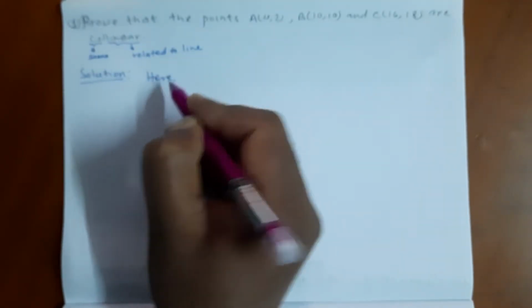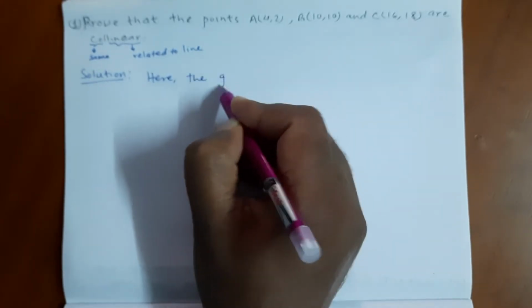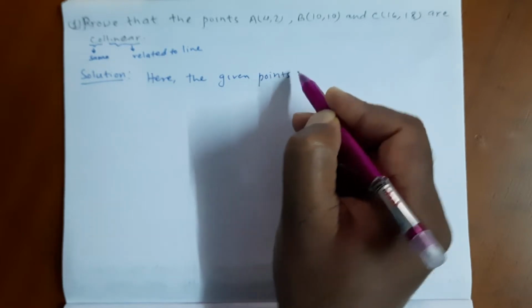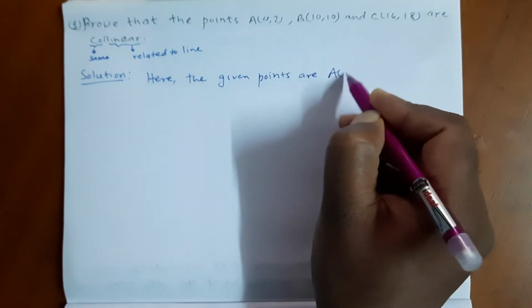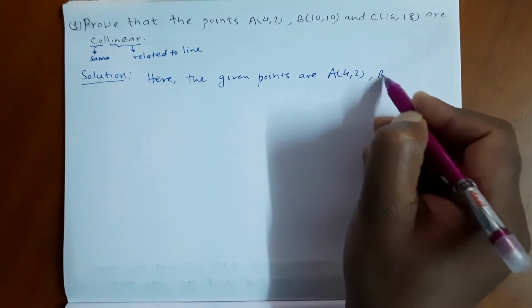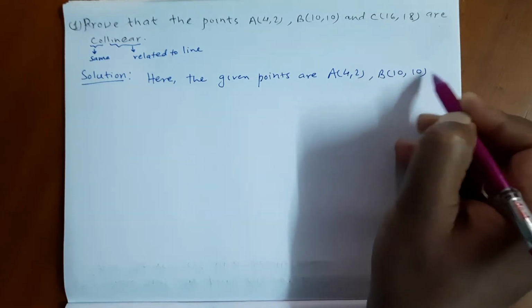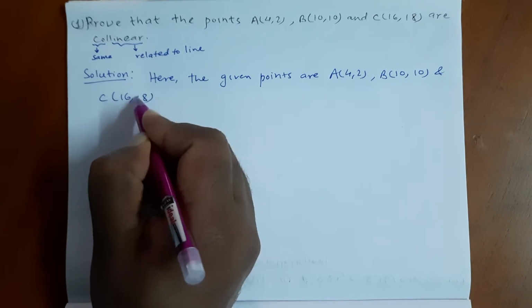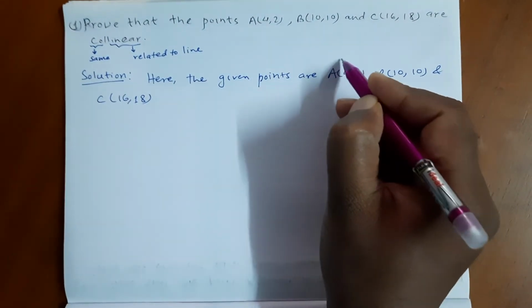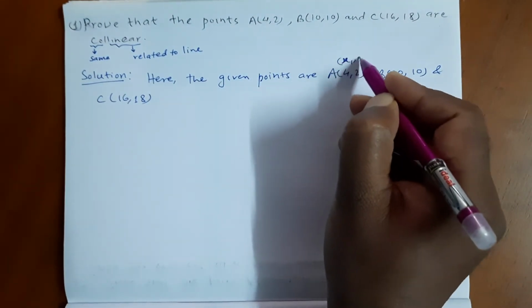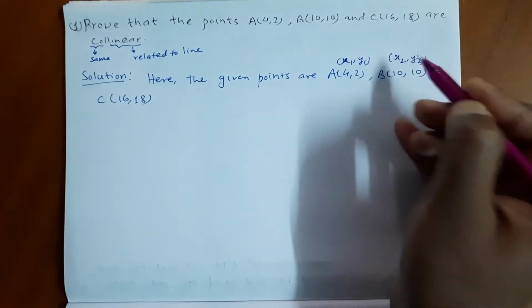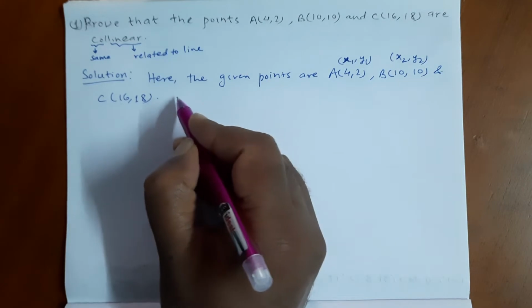The given points are A(4, 2), B(10, 10) and C(16, 18). You can suppose this to be x1, y1 and this to be x2, y2 while finding out AB.